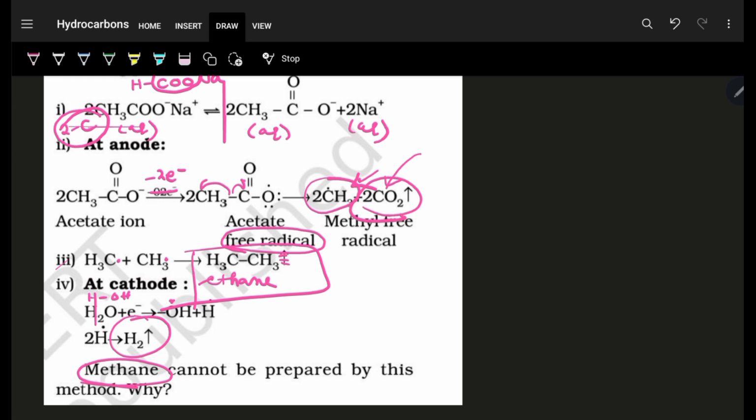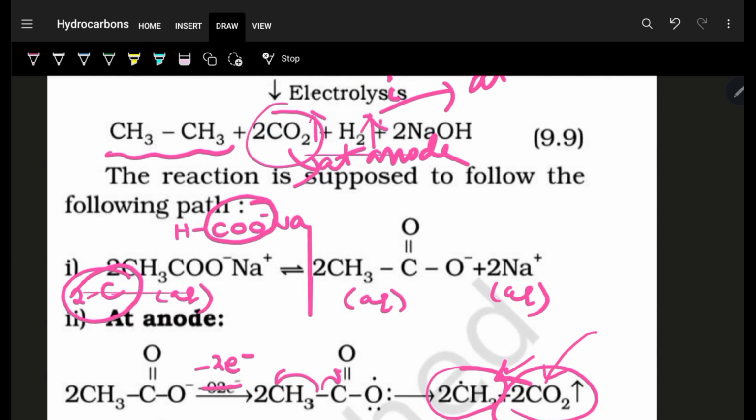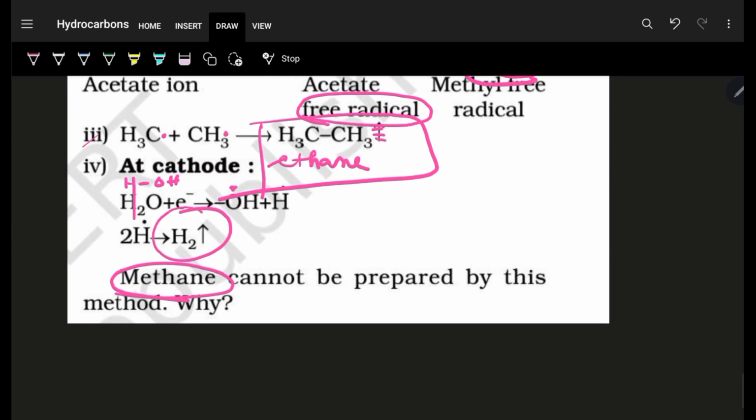CO2 is obtained at the anode and H2 at the cathode. Why can't methane be prepared? Because you need a minimum of 2 carbon atoms to start with, as 1 carbon atom gets eliminated as CO2. So the minimum product is also ethane.